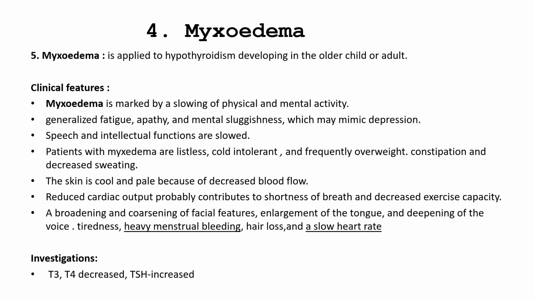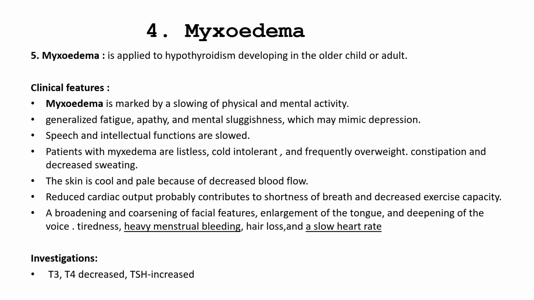Myxedema is hypothyroidism developed in the older child or the adult. Clinically, myxedema is marked by slowing of physical and mental activity, generalized fatigue, apathy, and mental sluggishness, which may resemble depression. Speech and intellectual functions are slowed and they are listless and cold intolerant, so they cannot tolerate cold. Frequently they are overweight, with constipation and decreased sweating.